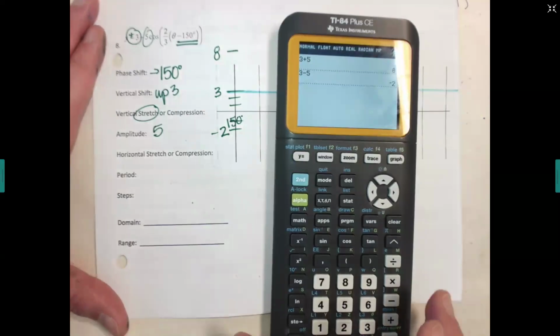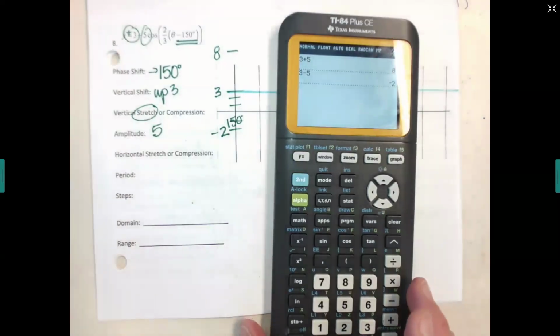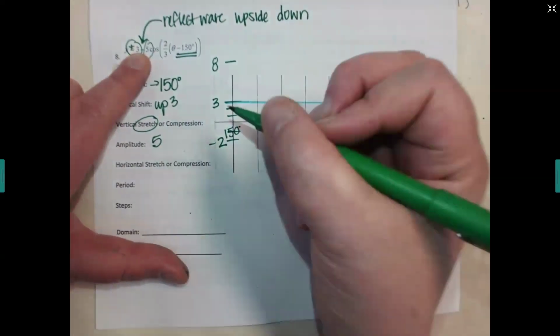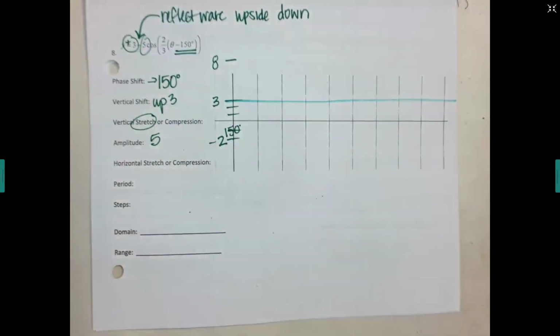Okay. Then from there, this is a cosine graph. Does cosine start at the top or the midline? Cosine normally starts at the top. Why will this one not start at the top? Because there's a negative in the front. So remember, that negative right there is going to reflect your wave upside down. So instead of me starting at the top, like cosine usually does, I would start at the bottom at -2.